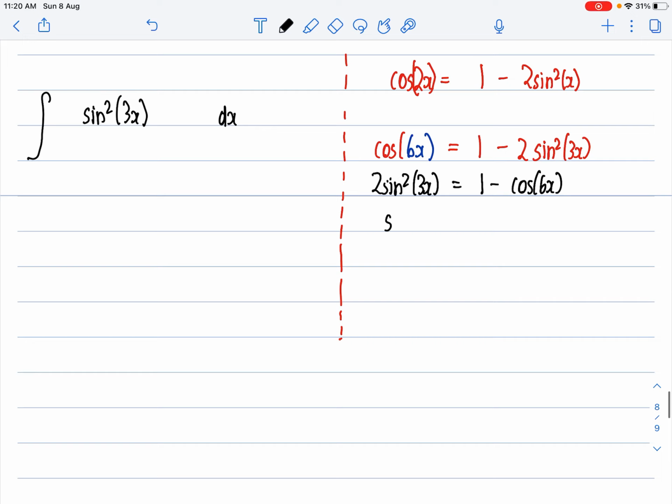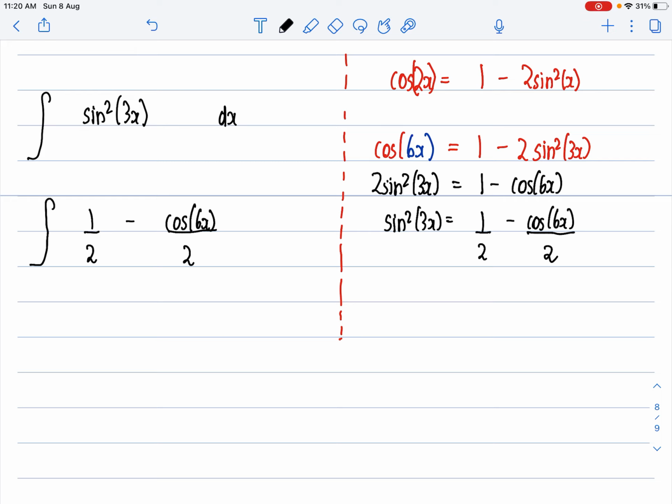So now I can write this as sine square 3x, which is equal to 1 over 2 minus cos 6x over 2. Now I can simply substitute and write this as the integration of 1 over 2 minus cos 6x divided by 2 dx.